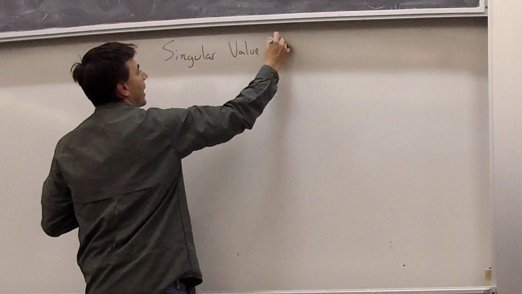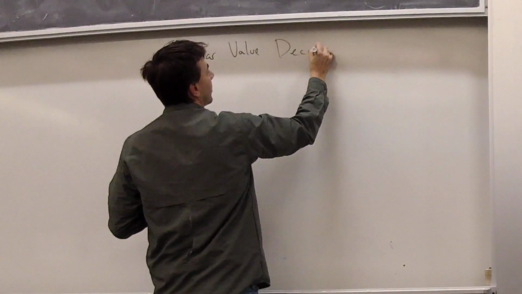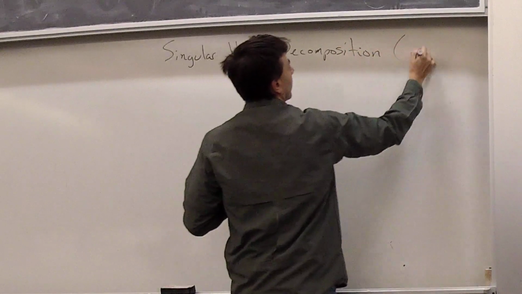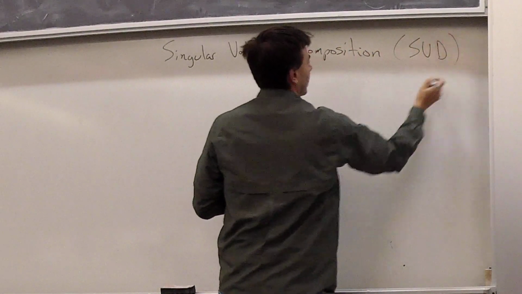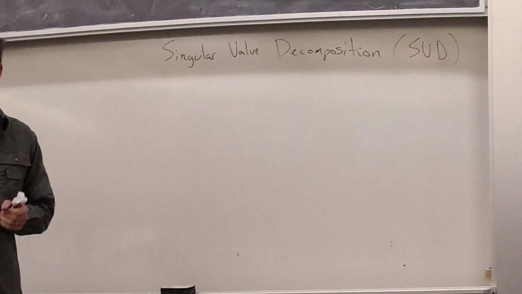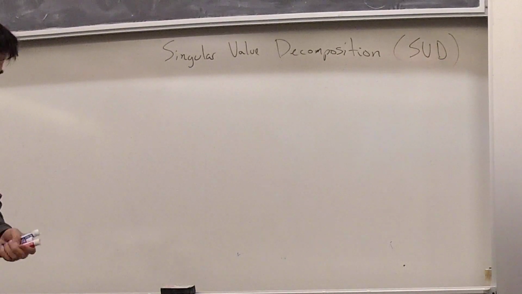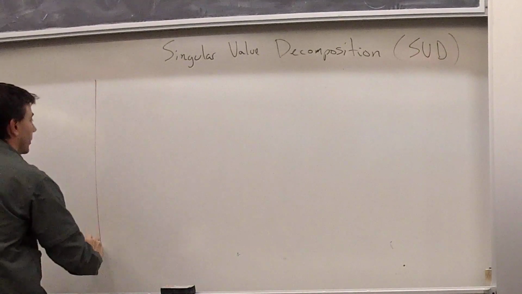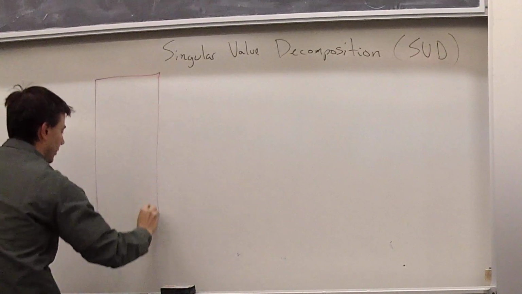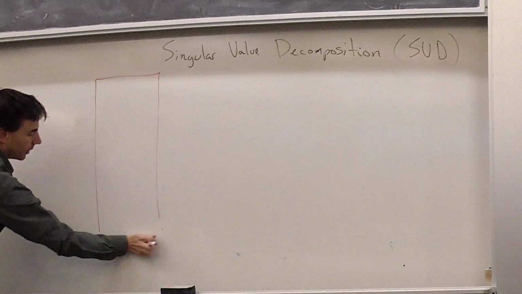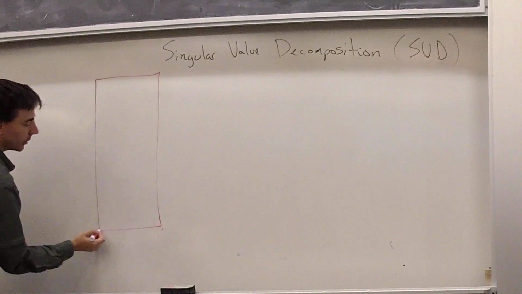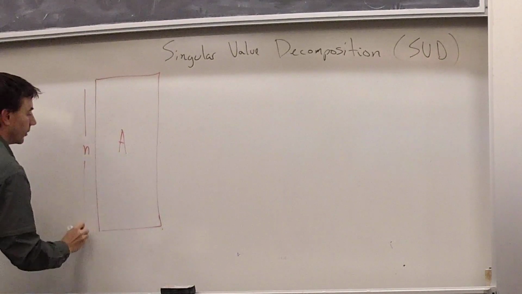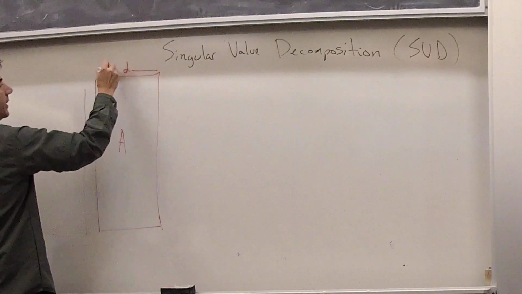And then we've been talking about the singular value decomposition, the SVD. I like to think of this SVD as starting with a column thin matrix A, where it has n rows and d columns.